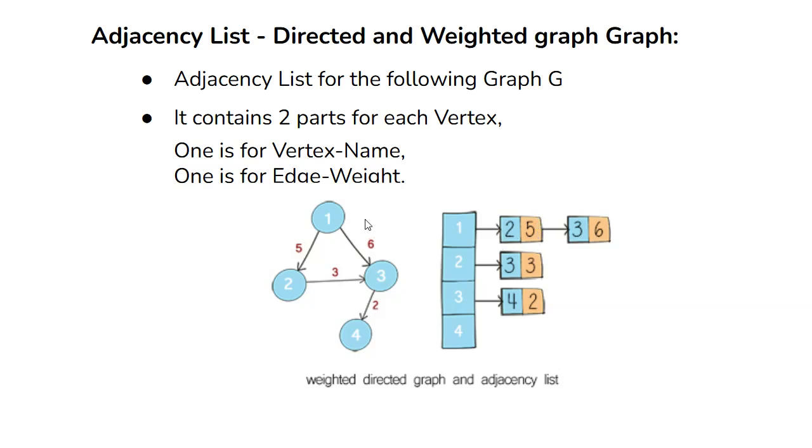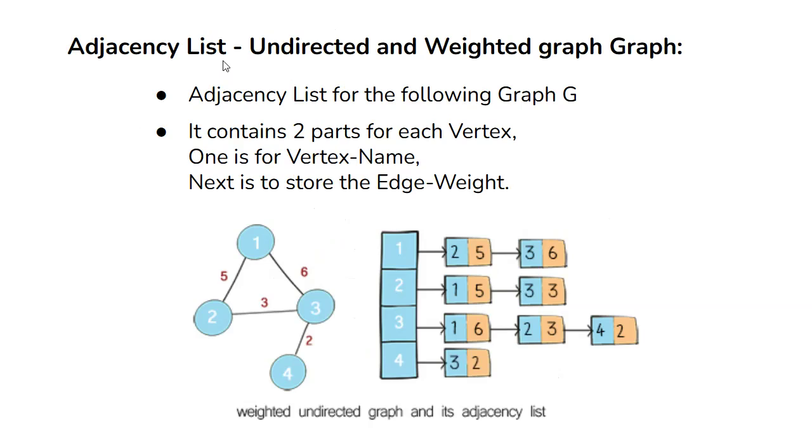The last one is the adjacency list for an undirected but weighted graph. Here, as in the previous adjacency list, each and every adjacent node has two parts, but the main list has a single part. So node 1 has its adjacent nodes as 2 and 3, but the value between 1 and 2 is 5, which is stored in the second part.